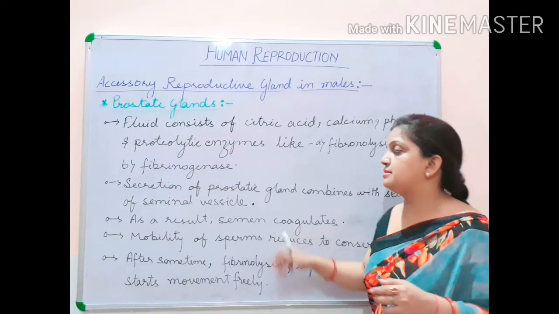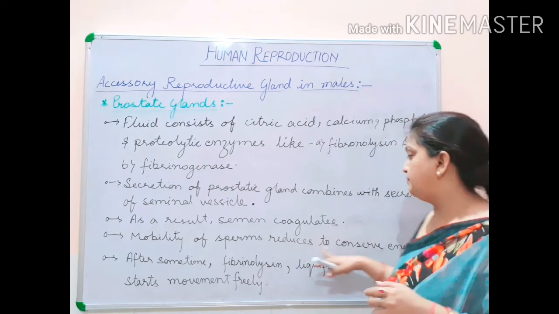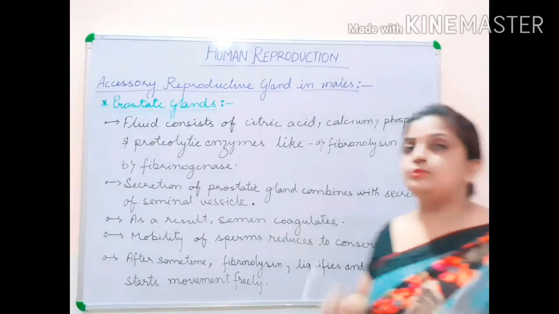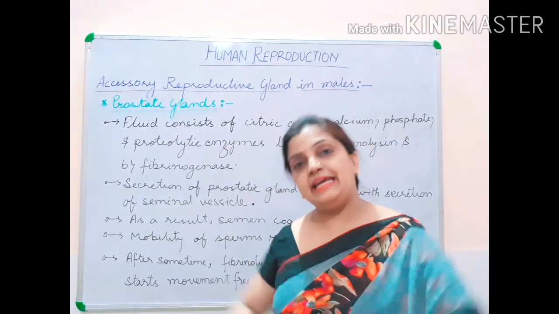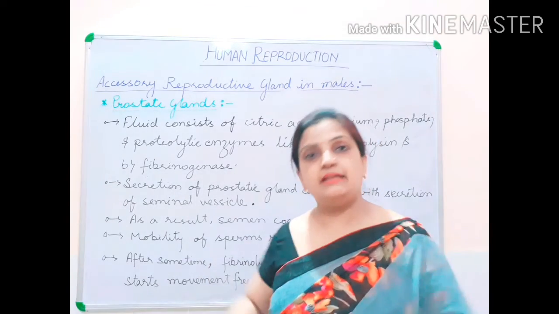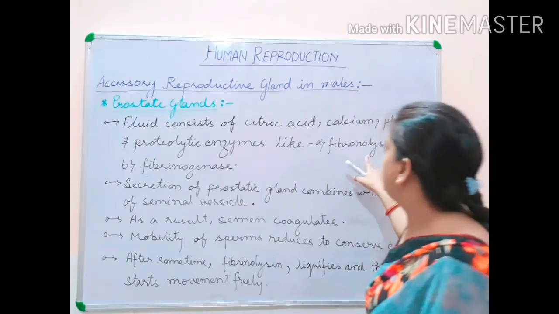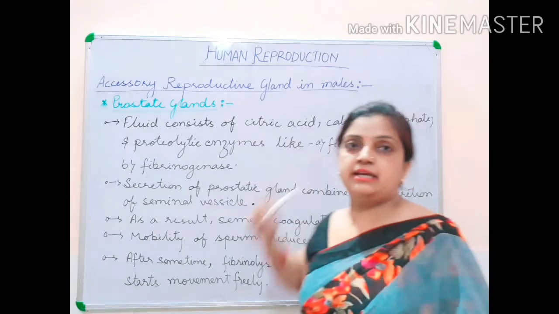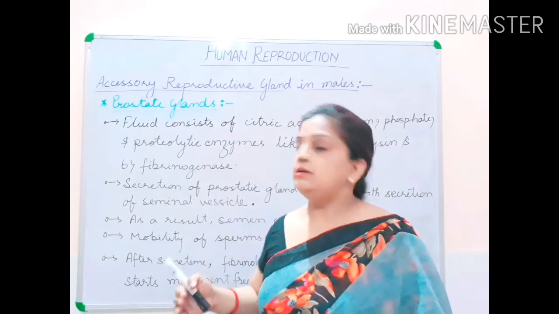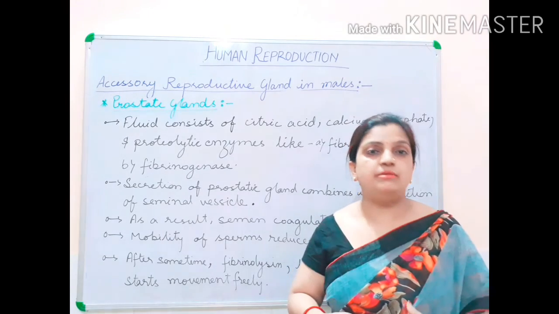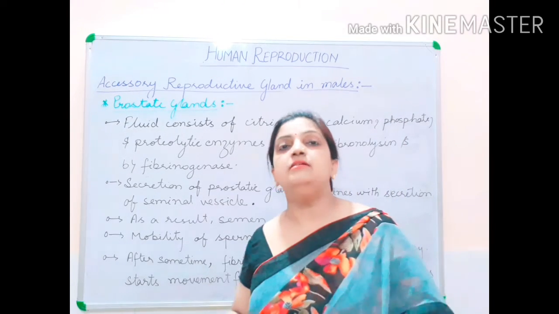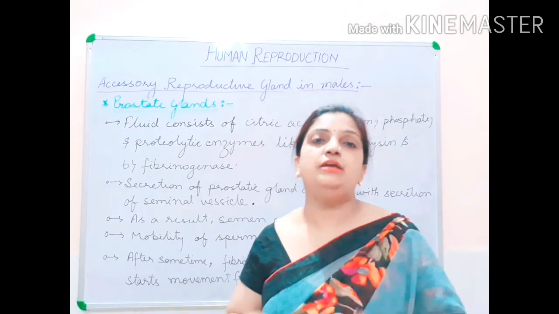As a result the mobility of the sperm will reduce. Why is the mobility reducing? To conserve energy. And after gaining energy, the fibrinolysin proteolytic enzyme will act on the clotted semen, and the sperms will again restart their free movement.